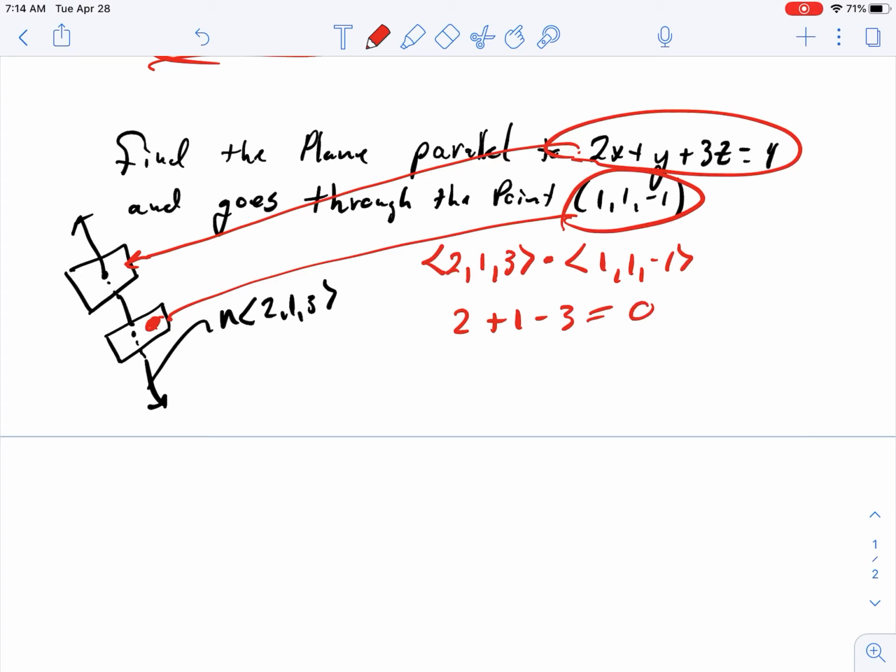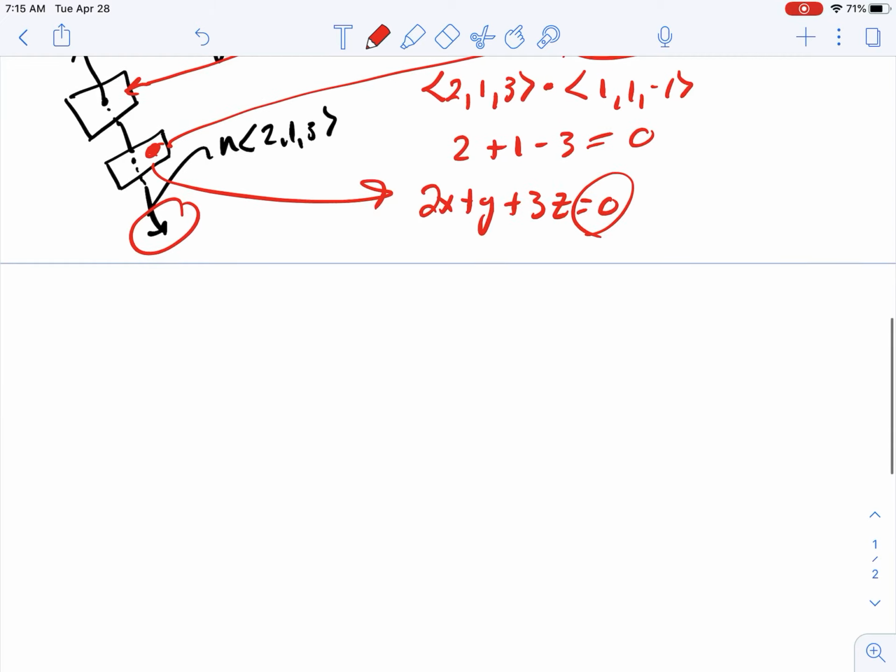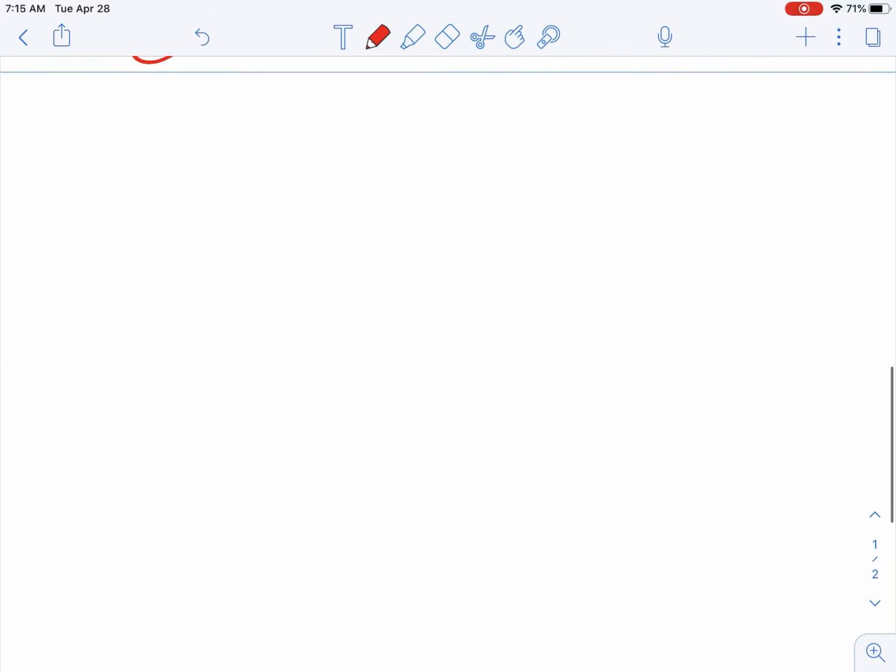So you have 2 plus 1 minus 3, so it looks like 0. So the equation of this plane, using this value here, is just 2x plus y plus 3z equals 0. And since this is 0, I know it goes through the origin. Okay. All right.